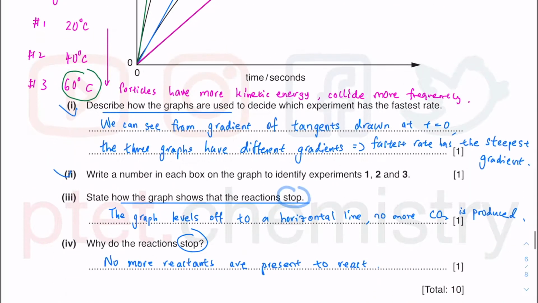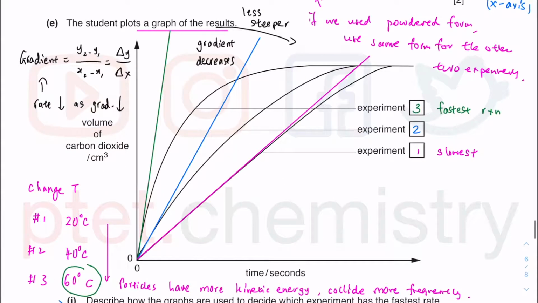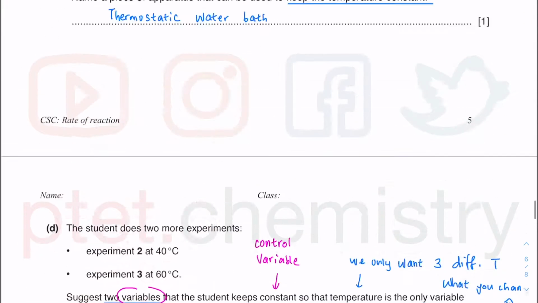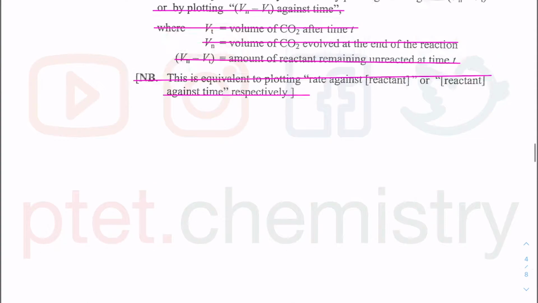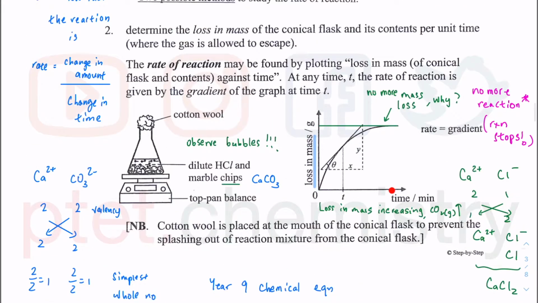Okay, I think I'll leave it here for this lecture tutorial. We have spent this lecture tutorial, quite a short one, to talk about gradient. Gradient is how steep the lines are, especially when you are thinking about volume of gas being produced against time. It could also be the change in mass or the loss in mass against time, such as the one we covered in the last lecture tutorials when we talked about the other method of monitoring the rate of reaction, which is to do with the loss in mass.